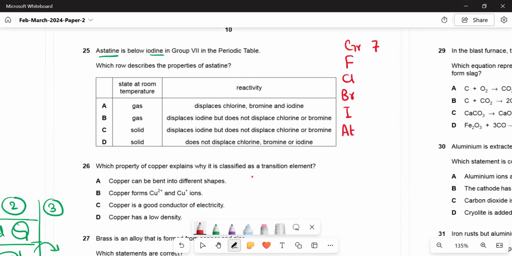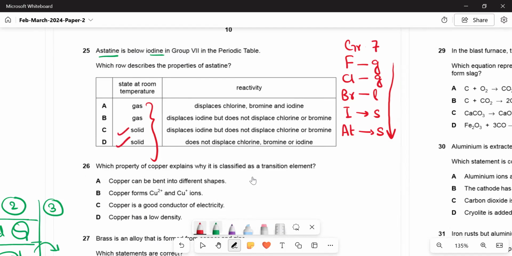Okay, now state at room temperature. Fluorine is a gas, bromine is a liquid, iodine is a solid, so astatine will also be a solid. So here we have a trend in the physical properties from gas turning into solid. So astatine is a solid.